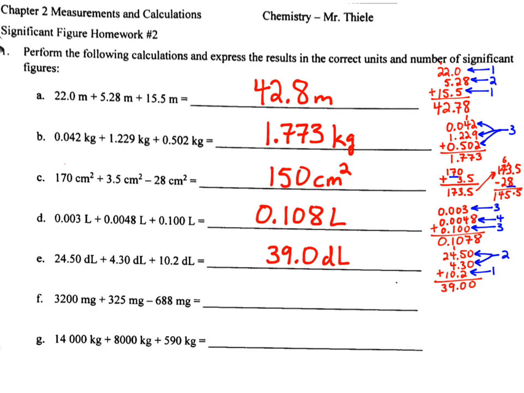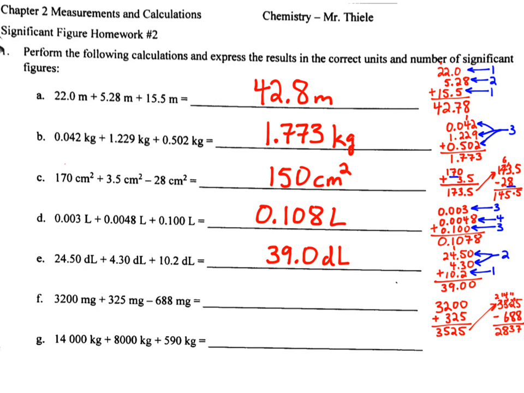Next we have 3,200 milligrams plus 325 milligrams minus 688 milligrams. We have all whole numbers here, and it's a two-step operation again. So 3,200 plus 325 gives us 3,525. We take that 3,525, subtract 688 from that number, that's 2,837.